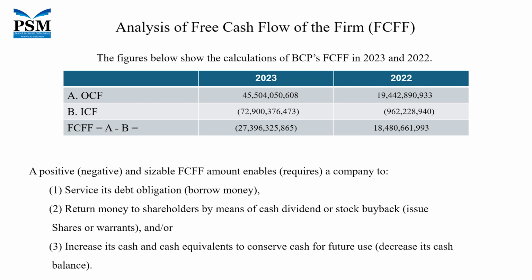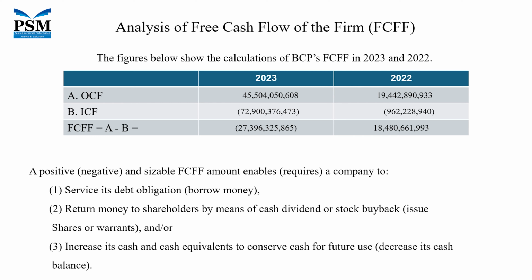You take the difference, and we find out that the FCFF of this company for the year 2022 was a positive number, meaning the company's operating cash flow was larger than the investment amount. So the company had excess cash that can be paid to the owners of the company or maybe used for debt repayment.